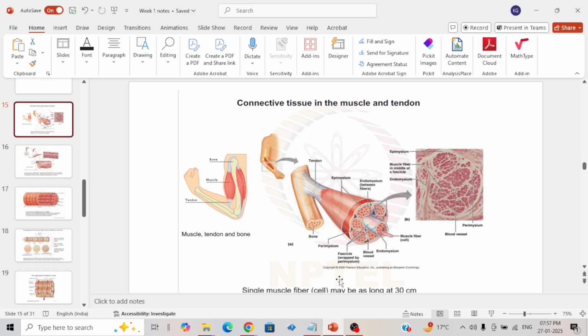I'm not asking about a single cell. It's perimysium. When I'm asking about a muscle fiber or a muscle cell, then it is endomysium. And when I'm asking about the whole muscle, that is the different bundles of fascicle will get arranged into a muscle, then the covering is epimysium. Okay.